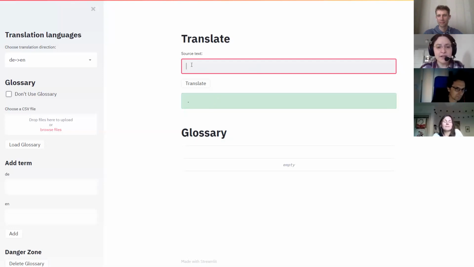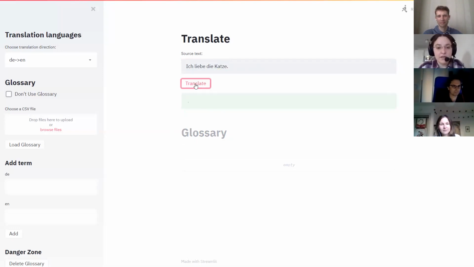So here I have a little translation input, like pretend this is Google Translate. And we can type in some text in German. Like I said, this is a German to English model. So let's say I say, ich liebe die Katze. I love the cat. And let's see if it translates. Yeah, so it translates as I love the cat.